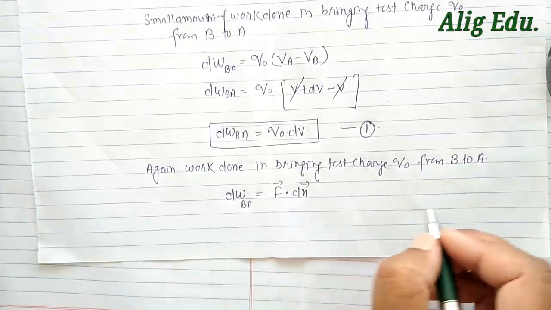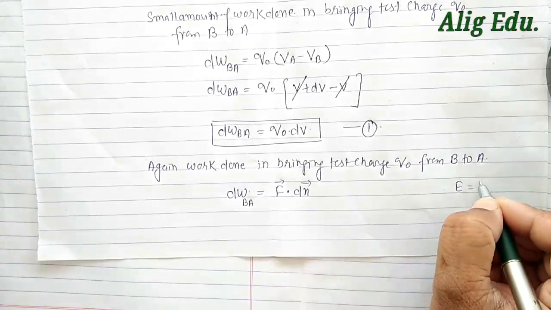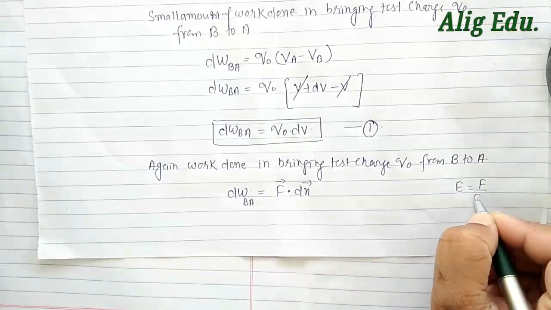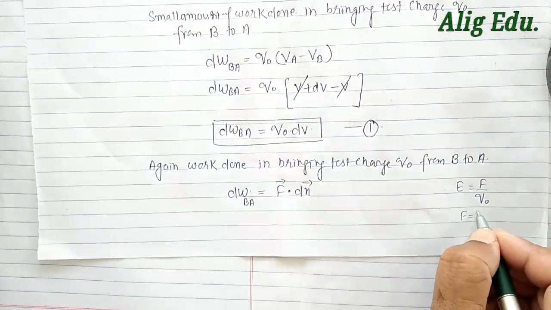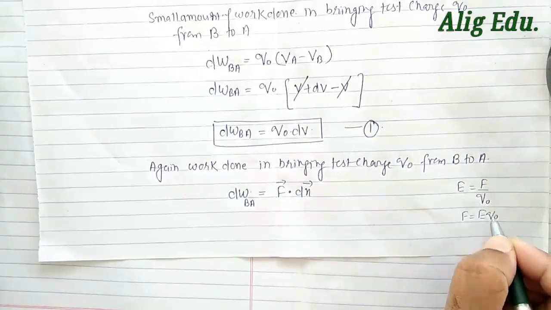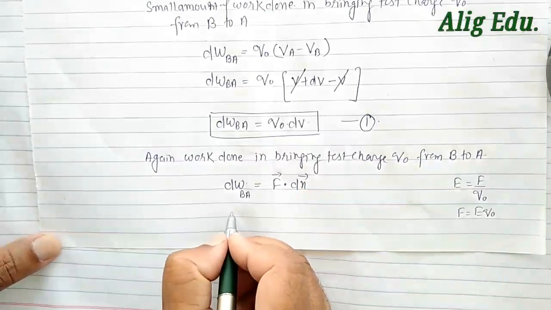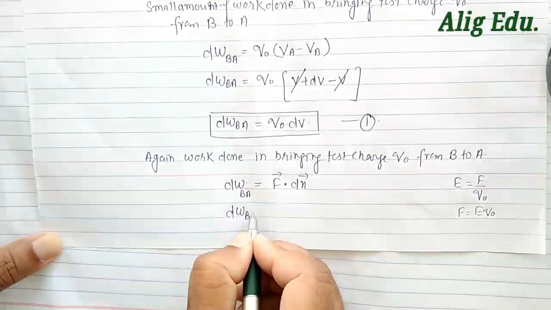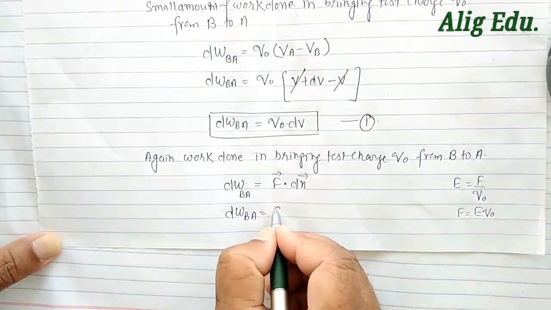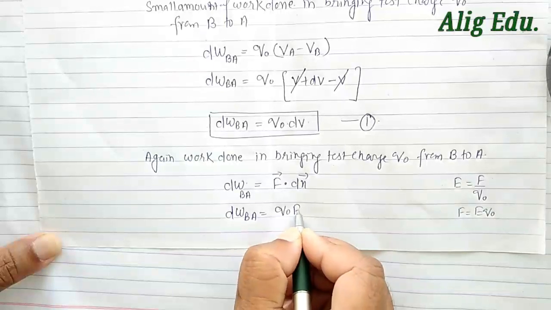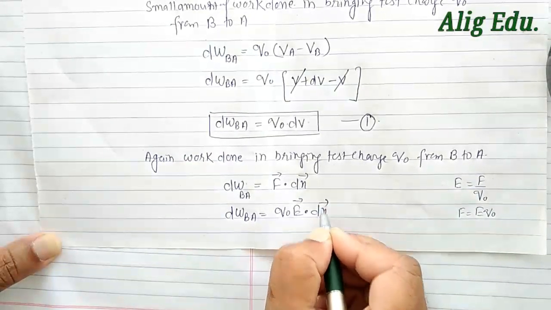Now calculate this force. The electric field E is given by F upon test charge Q naught, so F will be equal to E Q naught. So dWBA is equal to the force, which is Q naught E, dot dx.